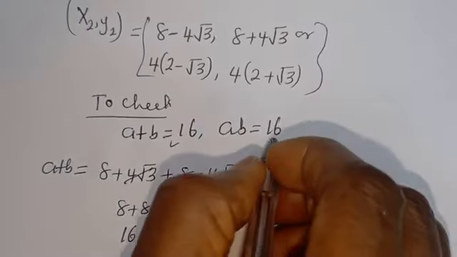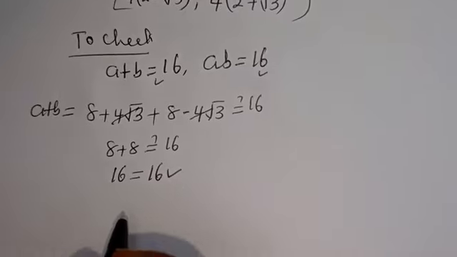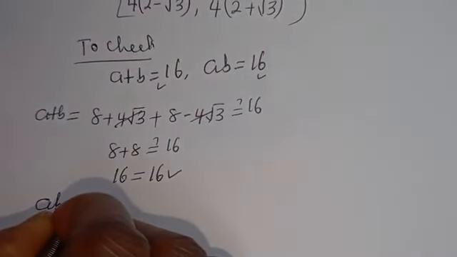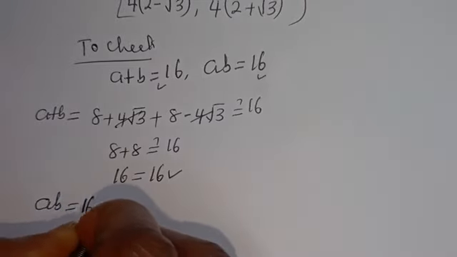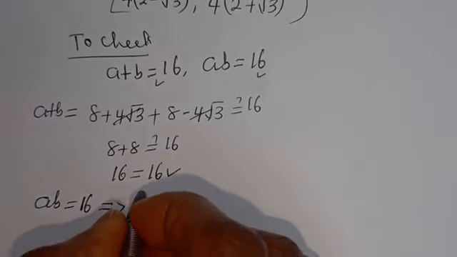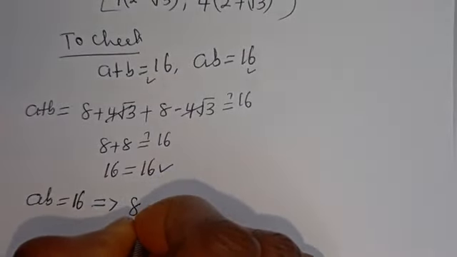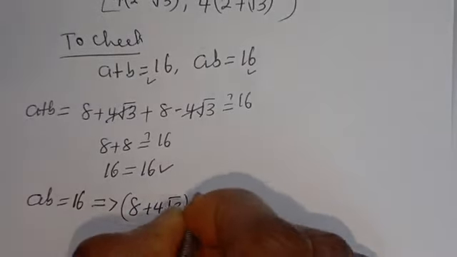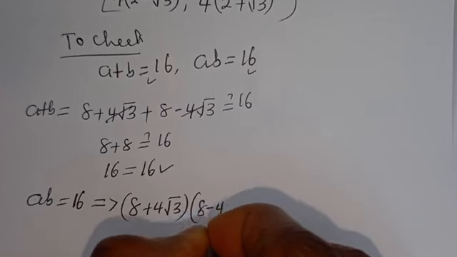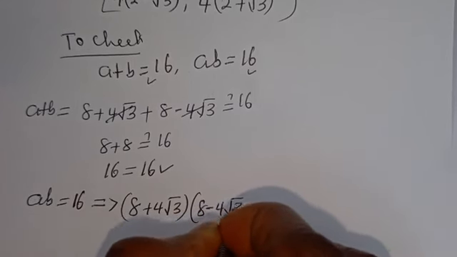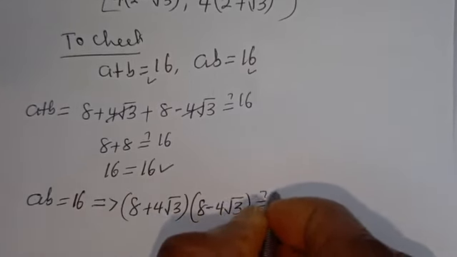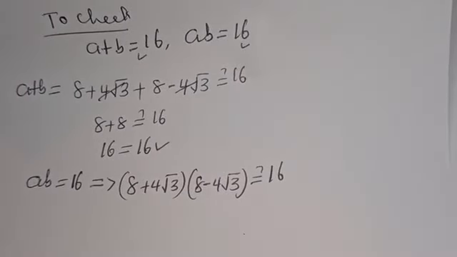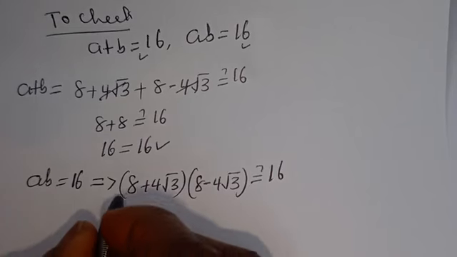Now let's consider this. AB is equal to 16. This implies that we have 8 plus 4 root 3 bracket 8 minus 4 root 3 must be equal to 16. Then here we have 8 times 8.